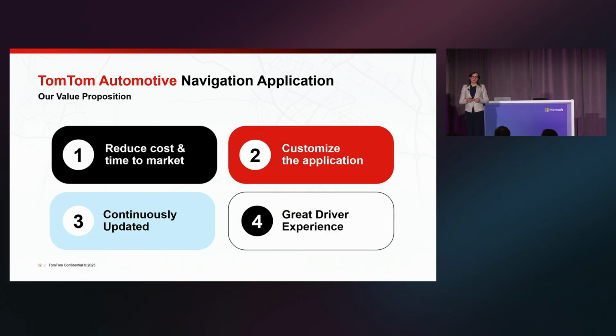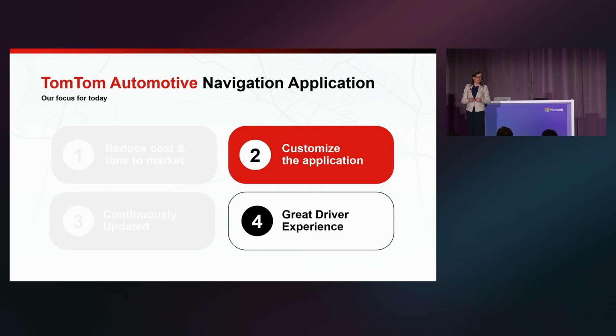Once that vehicle has left the factory, we will continue to keep the software updated throughout the life cycle of the vehicle. And we offer a great driver experience, an experience that drivers choose to use over their smartphones. So today we're going to focus on customizing the application and that great driver experience.